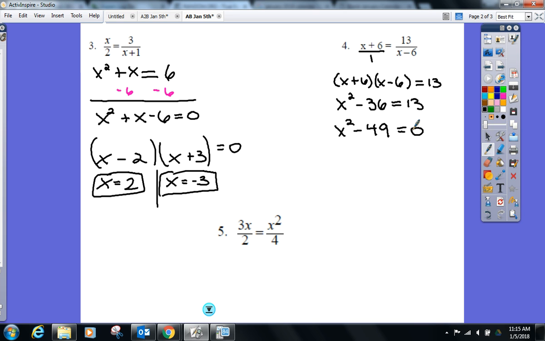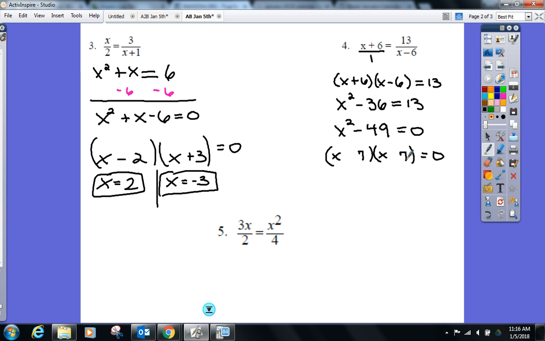You are correct by saying it's not a trinomial, so I can't go multiplies to this and adds to this. But anybody know anything about the number 49? It's called a perfect square, yep. So you can do a method you learned last year called difference of 2 perfect squares. You still have x and x, but 49 is a perfect square for what number? 7, yep. 7 and 7.